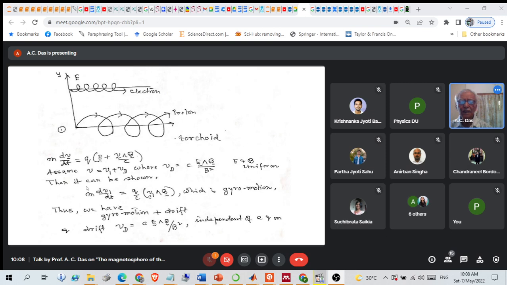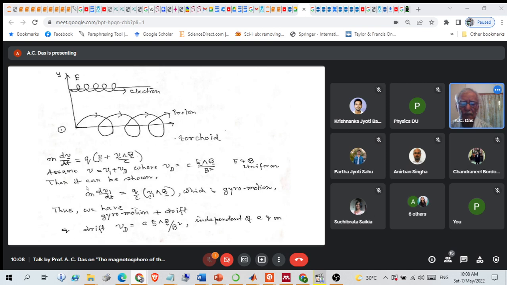You can simplify, and you will find finally an equation m dv1/dt is equal to q/c v1 cross B. I did not do the simplification. Little bit of algebra, you can do it. It's very simple, and therefore we get back the gyro motion with v1 plus drift because of the electric field.